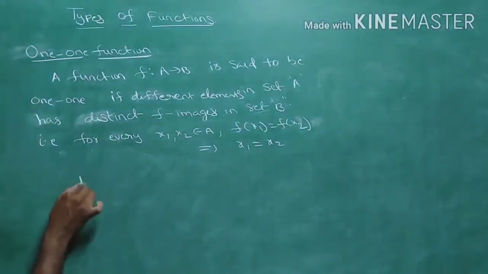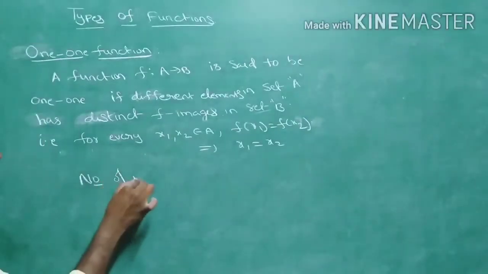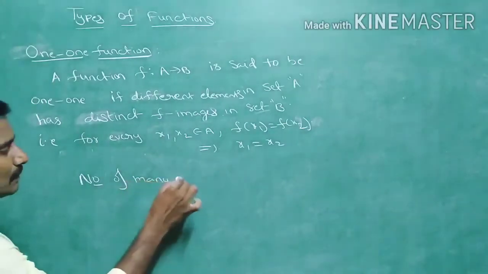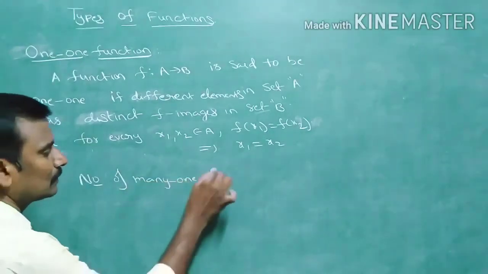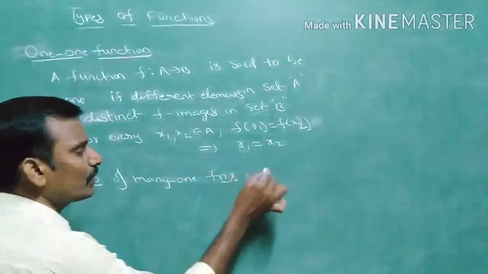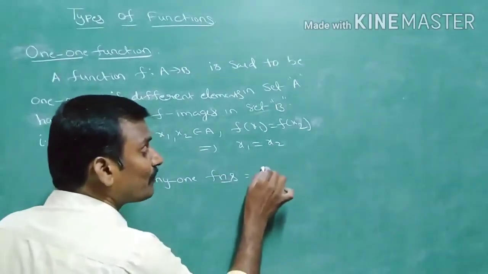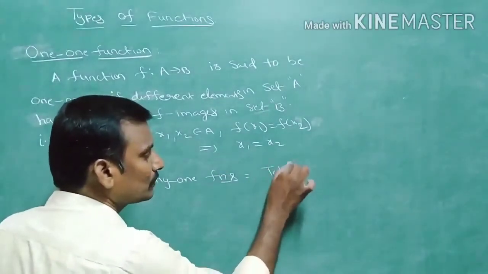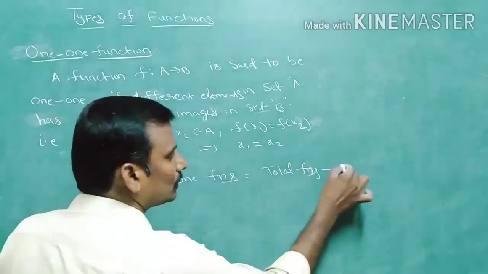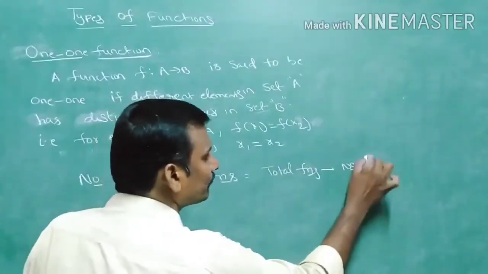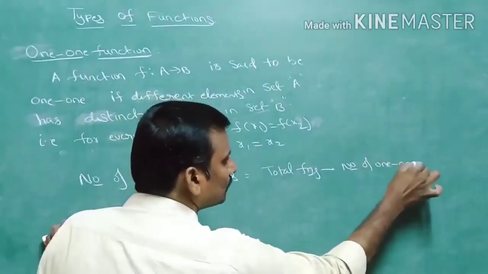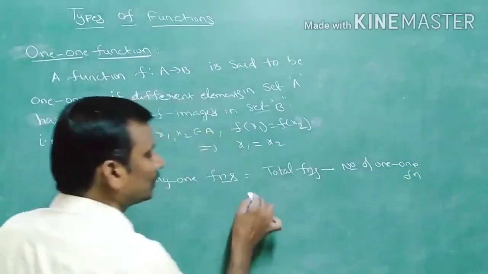So, the number of many-one functions is equal to the total number of functions minus the number of one-one functions.